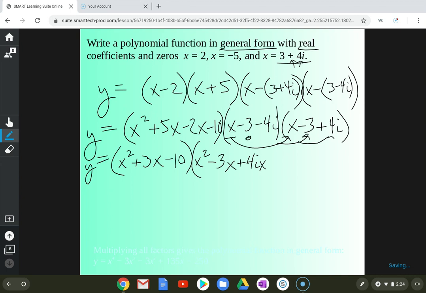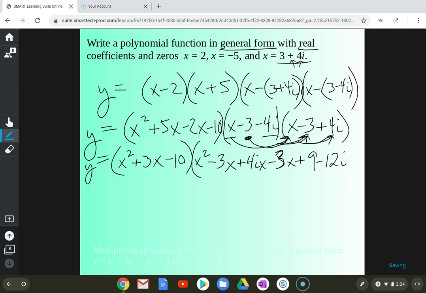Then I move on to the 3, and I multiply the 3 by all three of these terms. So I have negative 3 times x is negative 3x. Negative 3 times negative 3 is plus 9, and negative 3 times 4i is negative 12i.